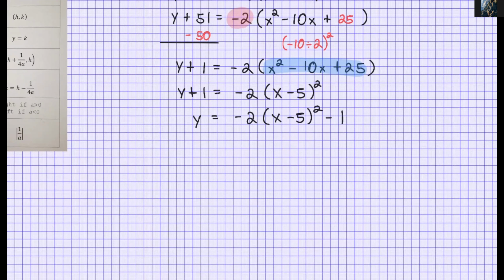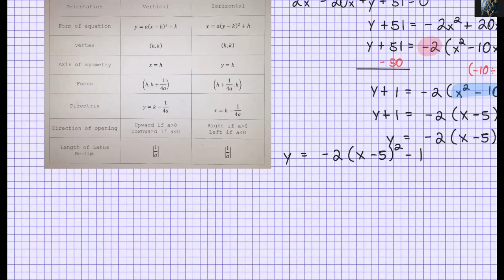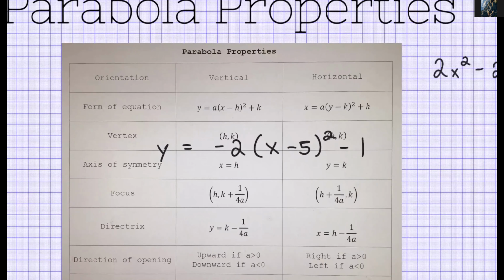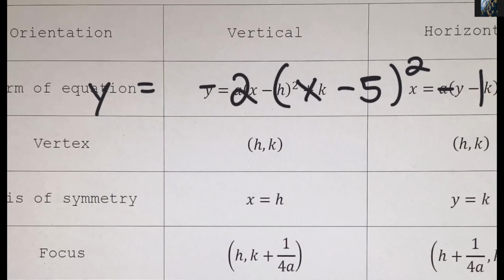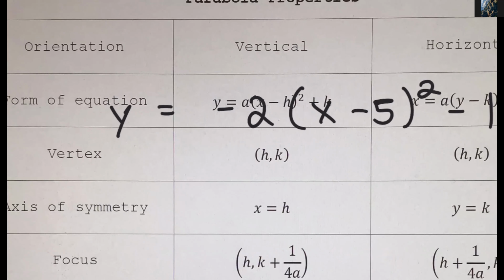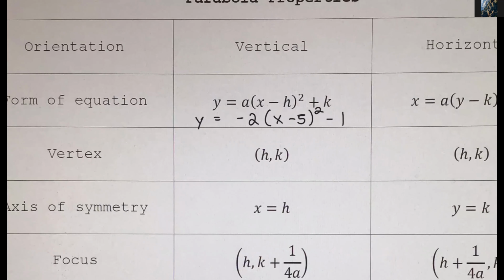So what I have done, if you see, is reach the vertex form of the equation. So let's put it over here. There it is.